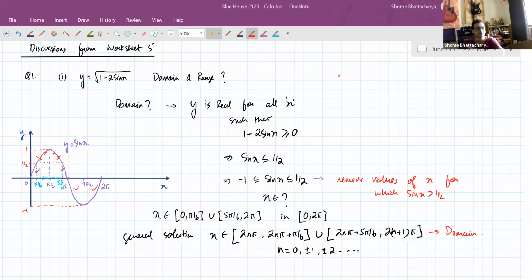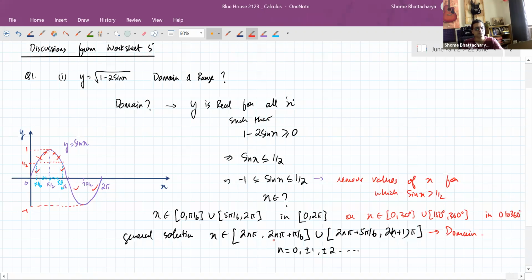The general solution of the domain will be like this. In the first cycle, 0 to 2 pi, it will be from 0 to 30, and then again in union with 150 to 360. You can also think of this like this, that x belongs to 0 to 30 degrees, union with 150 degrees to 360 in the first loop, in 0 to 360.